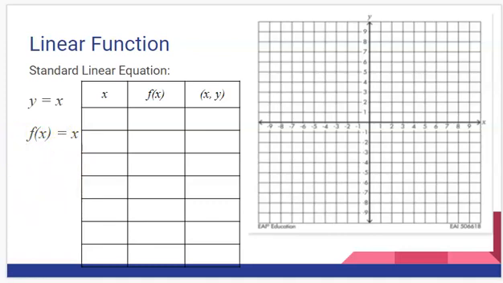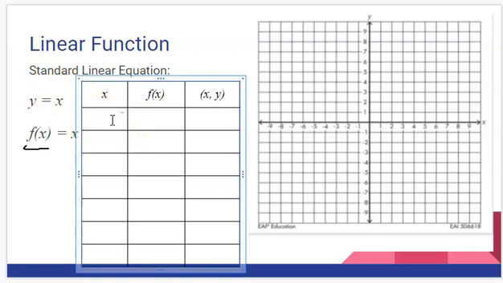Remember, f of x is a fancy way of saying y. So how are we going to fill this up? Well, we're going to start with values on the x-axis that are negative. So we're just going to write them in. We're going to start with negative 3. So if x is negative 3, that means that y, or our fancy f of x, is also negative 3.